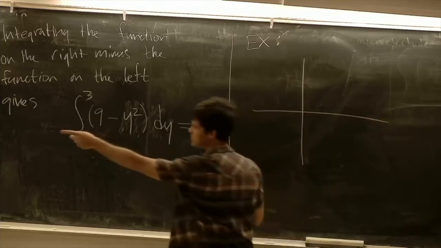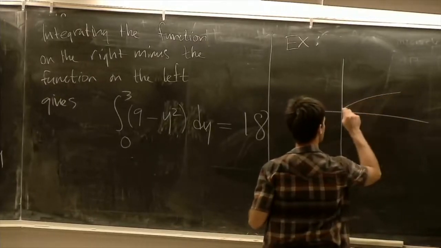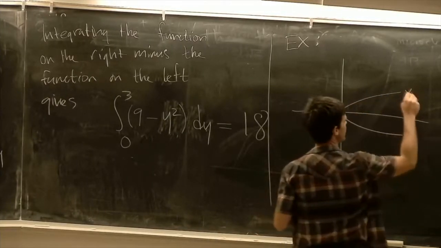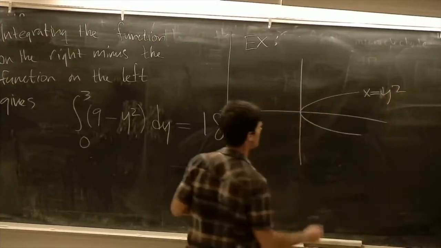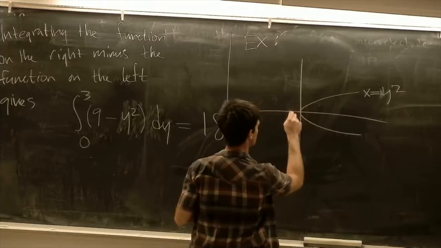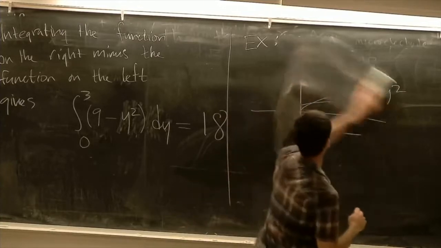I'm going to use the same square root function. So this is x is y squared. And then I'm also going to use another parabola. Oh, I need this bigger, actually.